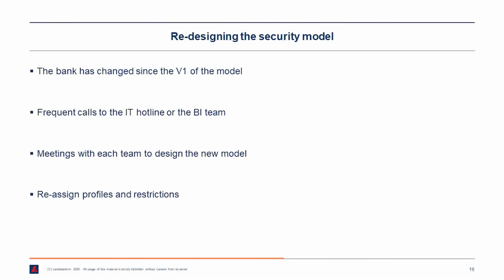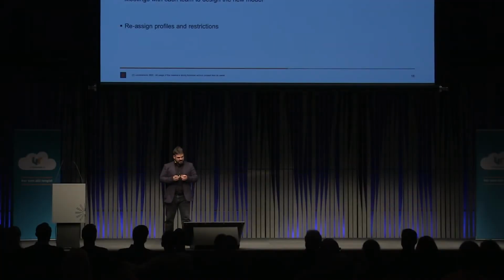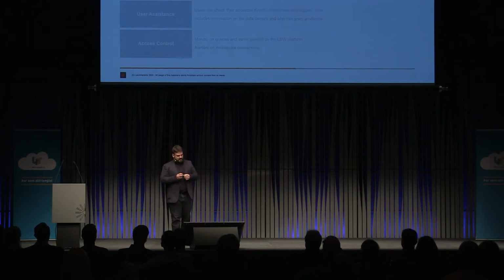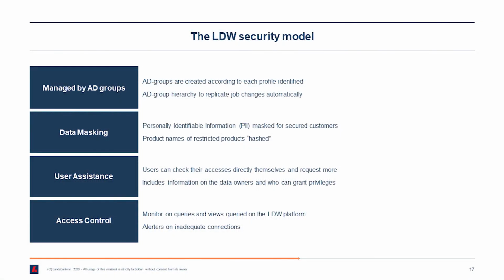So we chose to redesign that, for obvious reasons after what I mentioned. We've met with a lot of IT departments, and we're actually even doing it again now for phase 2. We redesigned the entire security model. It's still managed by Active Directory through groups based on roles and organizational level.